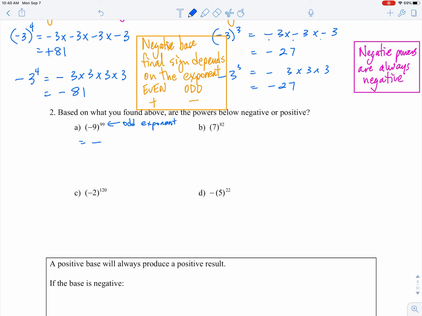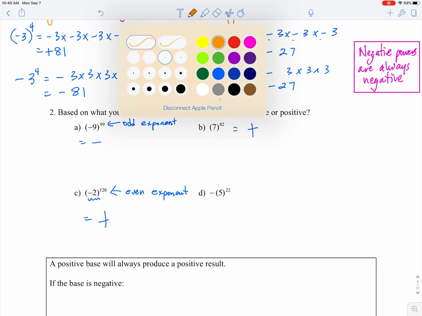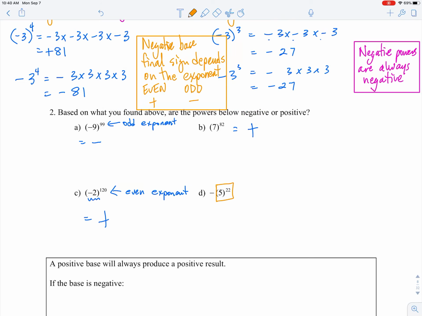For B, we have a positive base, so no matter what we do, it's going to be a positive final answer. Here we have a negative base, but we have an even exponent, so that means this answer is going to be positive. And here we're going to have to do this first. This part here is going to be positive, but then we have a negative out front, so the final answer here is going to be negative.